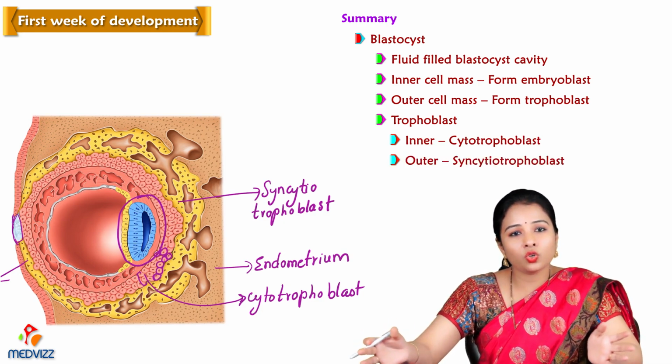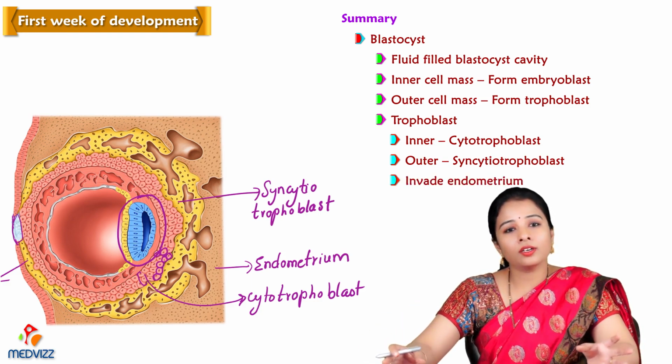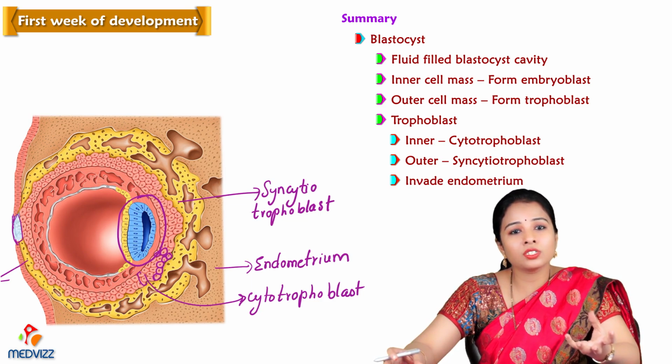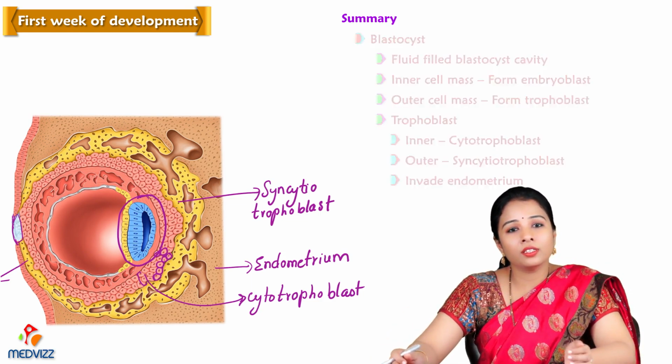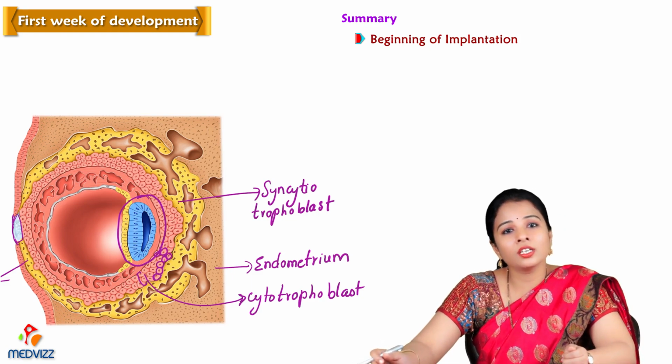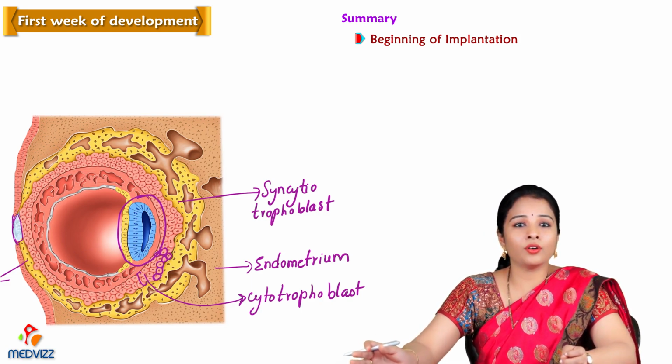And this syncytiotrophoblast and cytotrophoblast invade the endometrium, where the complete blastocyst is implanted. So during the first week, the beginning of implantation occurs and completion of implantation is by the 10th or 11th day. That is during the second week of development, the implantation is completed.